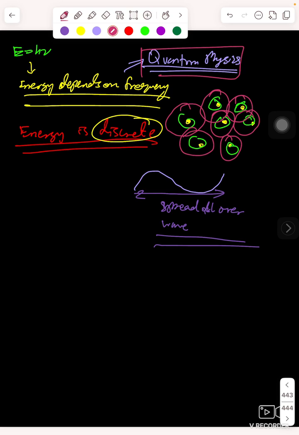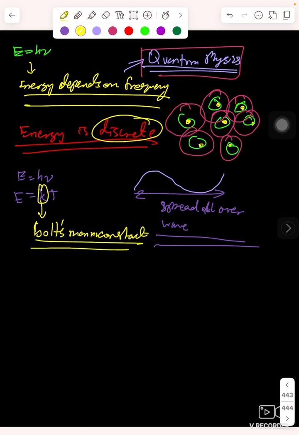So here we can say E equals h times frequency, and E equals Boltzmann constant times T. This k is known as the Boltzmann constant. Now, this equation shows that temperature is a changing variable.